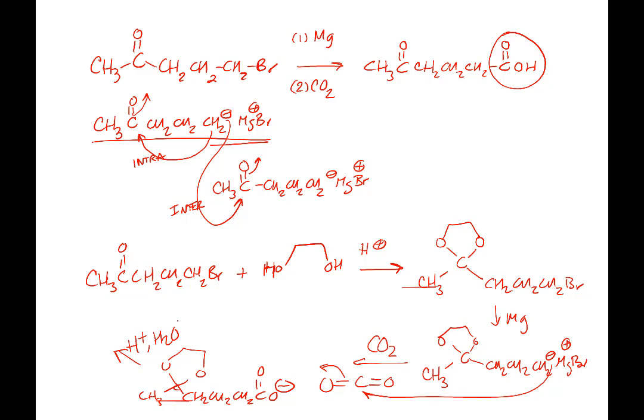So in this case, I don't have to have two separate steps. The acid that turns the carboxylate into an acid is the same acid that's going to convert the ketal all the way back to the ketone. So then I'm going to end up with my final product.